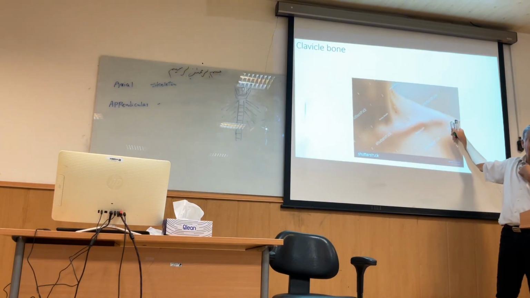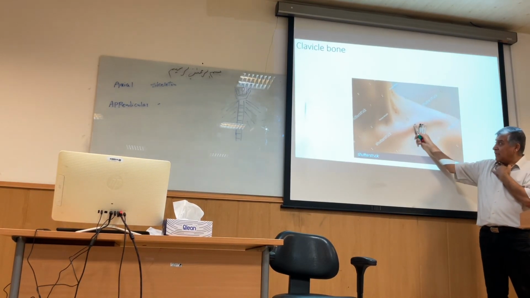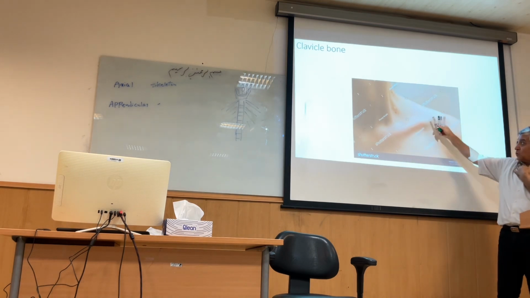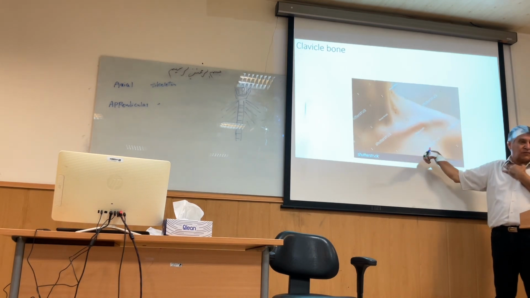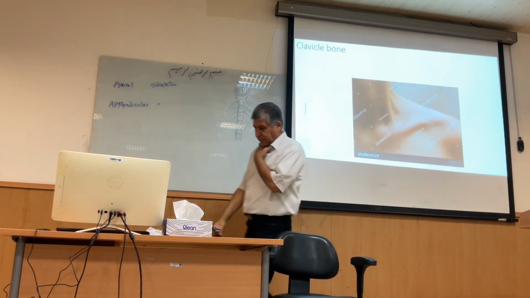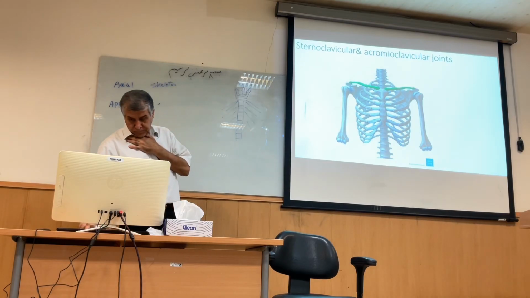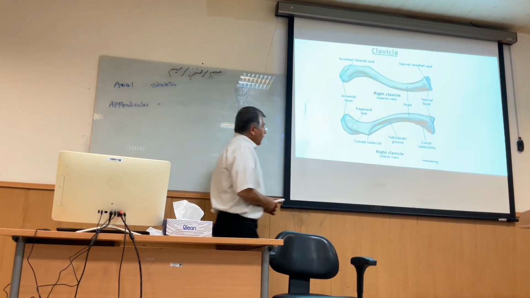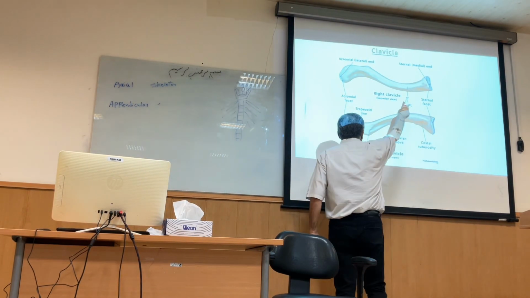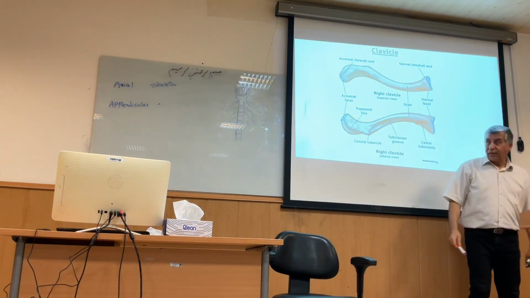The lateral end is joined to the acromion, called the acromial end. So the clavicle has a medial and lateral end, and superior and inferior surfaces.